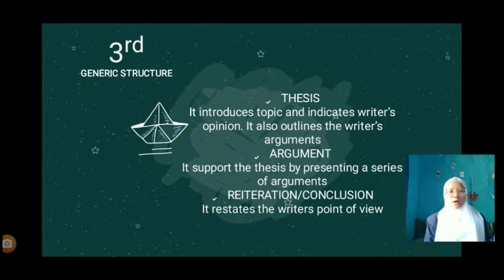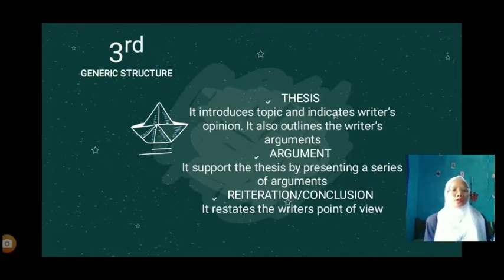They don't care about their economy if they always consume cigarettes. So here there are some reasons why we have to ban smoking. So that's an example of how the thesis introduces the topic itself.